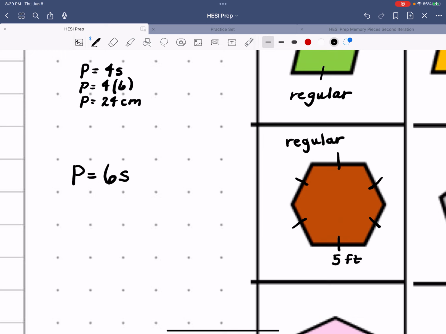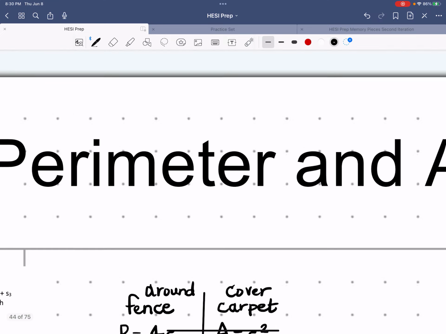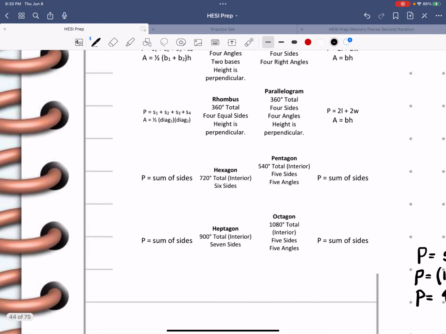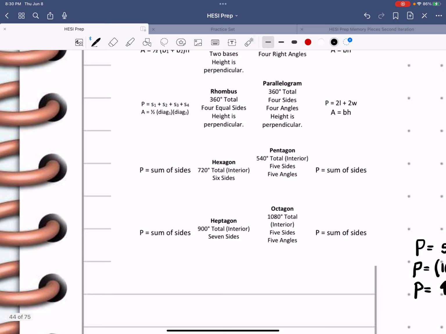To find the perimeter, you could add them, or you can just say 6 times 5. And that would be 30 of those units. I am not going to do the area of a hexagon. I don't think I even gave it to you, simply because I don't know the area formula for a hexagon. I've never used it.